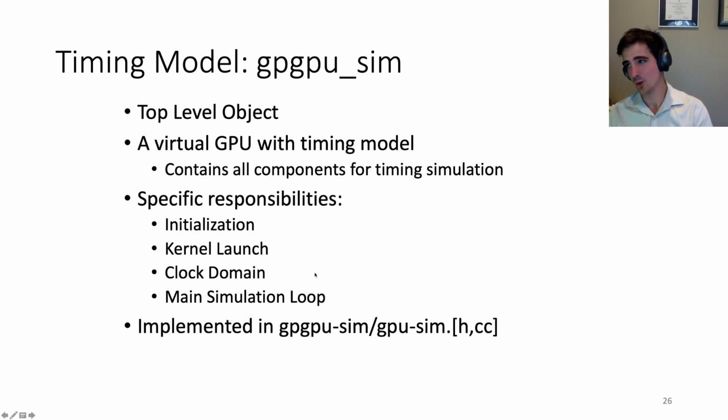So if your core is twice as fast as your interconnect, then this global structure will ensure that the core gets clocked twice for every interconnect clock. The main simulation loop lives inside here, and all of this stuff for GPGPU_Sim is implemented inside GPU-Sim.cc and .h inside the GPGPU-Sim directory.